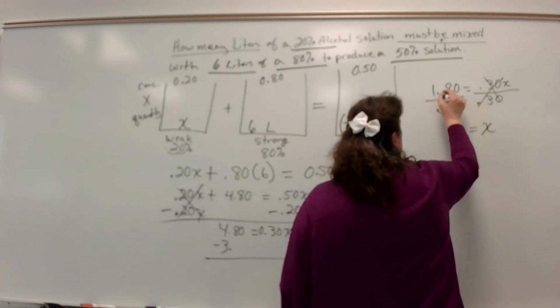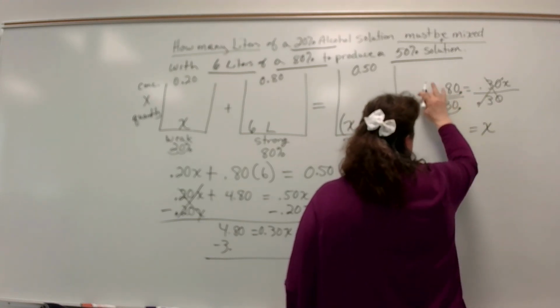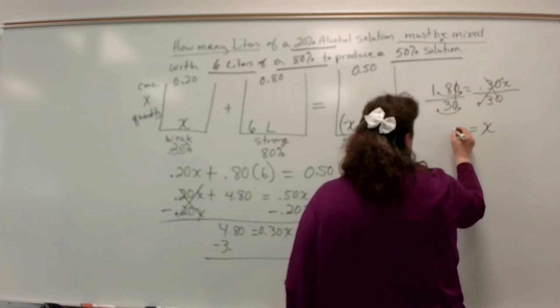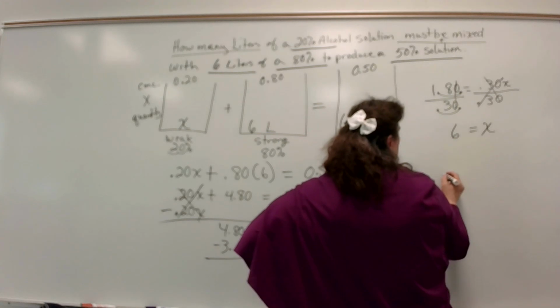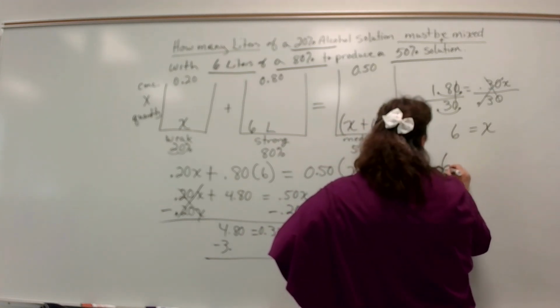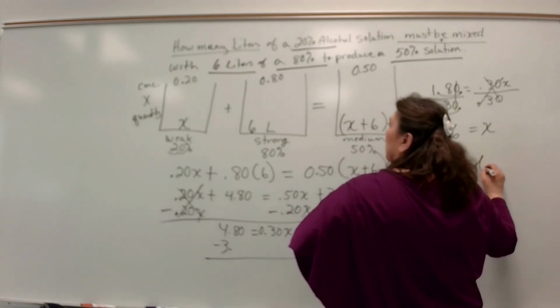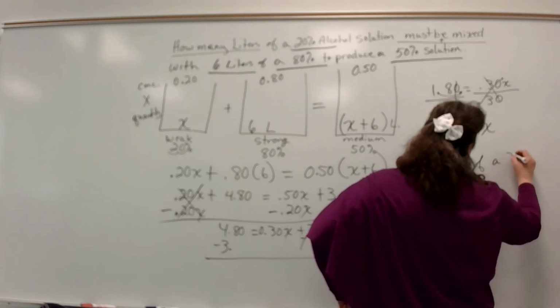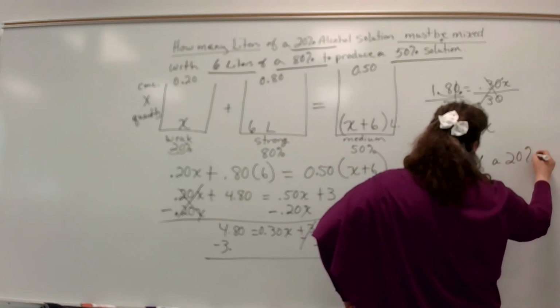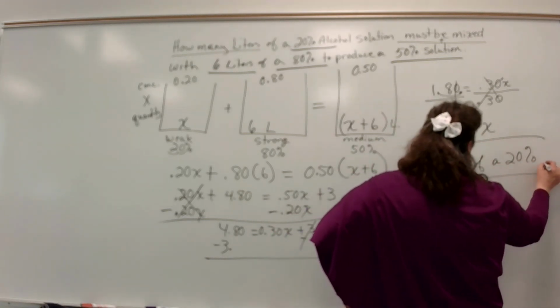Move your decimal 2 places, and so this becomes 180 divided by 30, which is 6. So we end up with 6 liters of a 20% solution, and that is your answer.